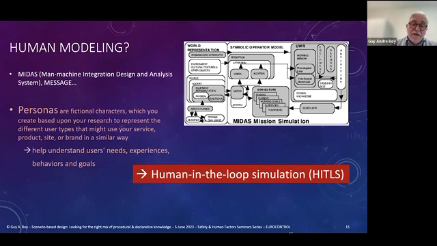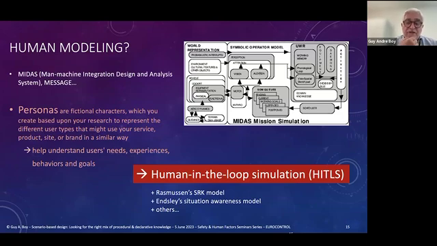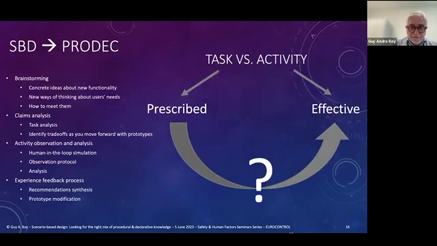So the only human models that are useful at the moment for us are Rasmussen's SRK skill-rule-knowledge model, Endsley's situation awareness model, and others of that kind. I cited two here that are very well known, but these are more qualitative models than quantitative models.